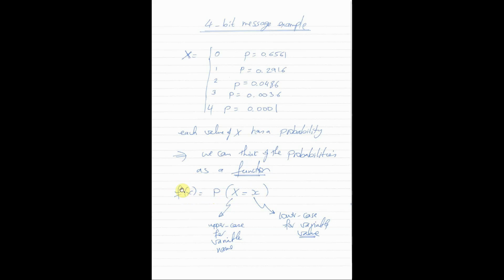In other words, f of 0 is the probability that x is equal to 0, which is this value 0.6561. f of 1 is the probability that variable x is equal to 1, which is 0.2916, and so on. f of 4 is the probability that the variable is equal to 4.